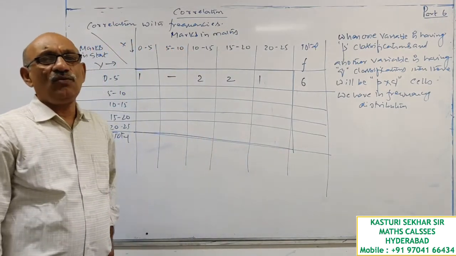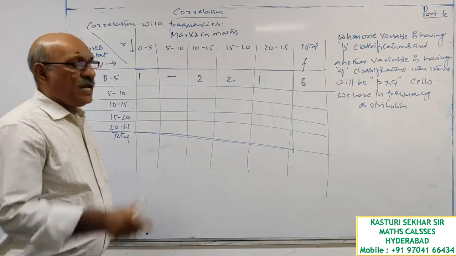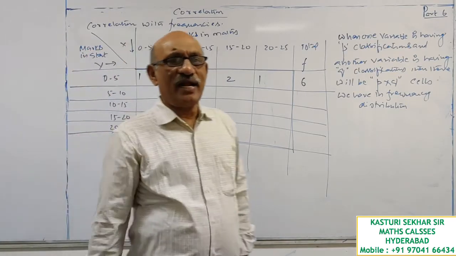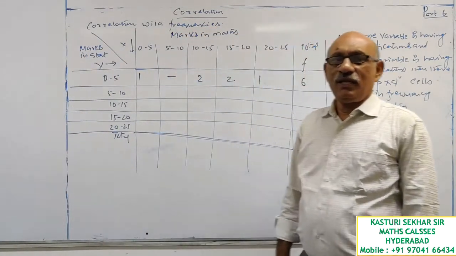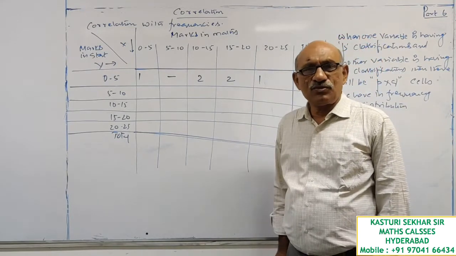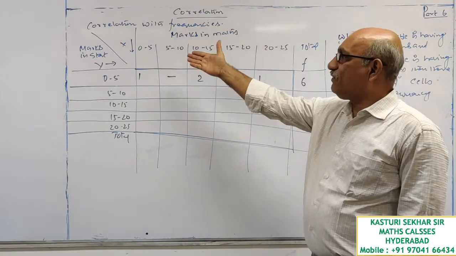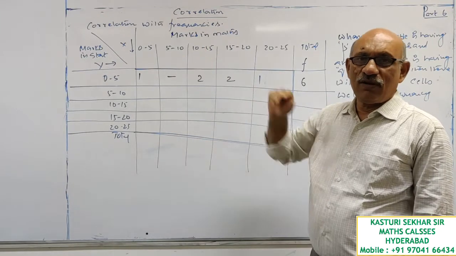So there are pq cells we are having. And the values I am writing inside a cell will represent frequency. That will represent the number of students whose score is, we will see according to row wise and column wise.